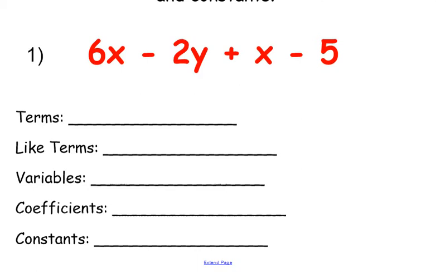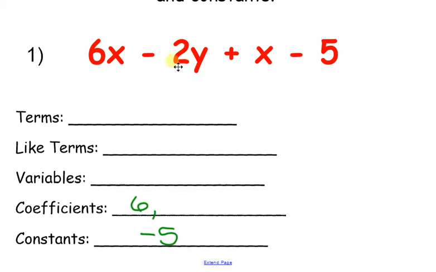So let's go ahead, and I actually want to work backwards, from the bottom and go up. First let's find our constants. Is there a number by itself? 6x, negative 2y, x, negative 5. There is a negative 5 that is by itself, and that is the constant. Do we have any coefficients? Those are the numbers in front of the letters. So we have a 6 here.